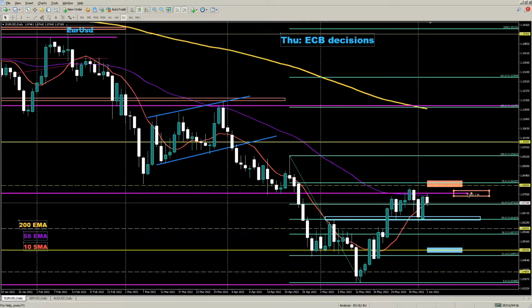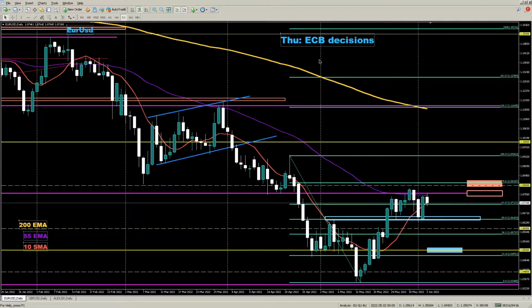So let's extend this a bit further out, and it's still going to be a resistance zone here, major one above that at the 78.6 fib retracement of this swing move down, and also the 108 round figure.